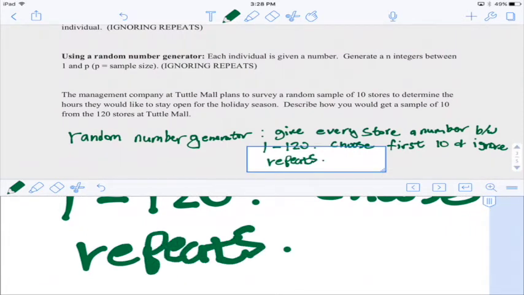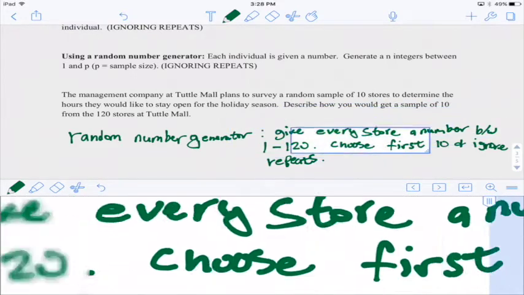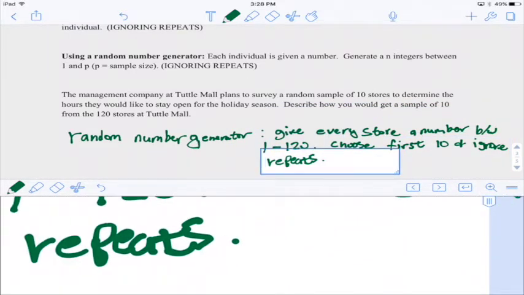AP test tip. A lot of people say this first part, but they forget to say ignore repeats. It's going to knock your score down.